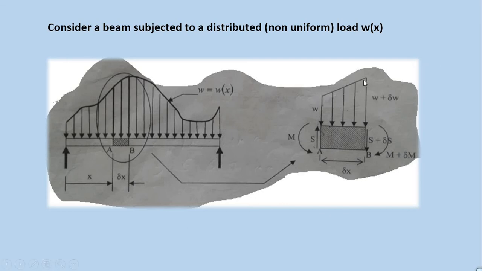Here it is 0, and when we draw a horizontal line here, this is W, because this side is W. The length of this side of this triangle is delta W, because W plus delta W minus W is delta W. Here 0, the average intensity is 0 plus delta W over 2, and it acts at the centroid of this triangle, which is 1/3 length from this side. That means from here to here, length delta X over 3.